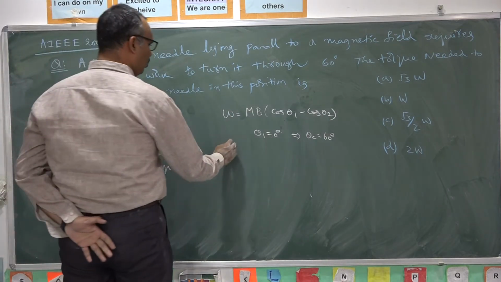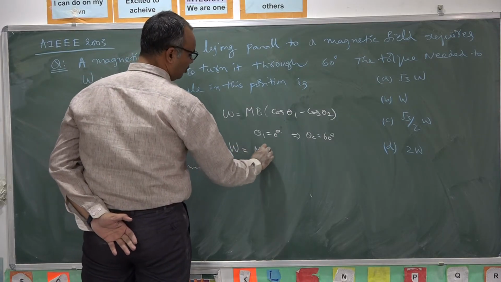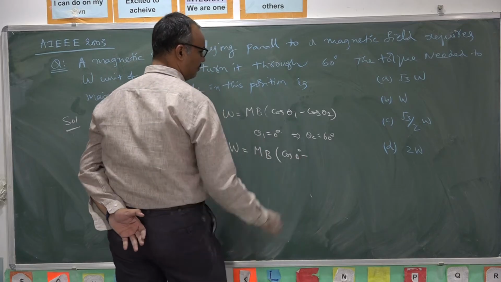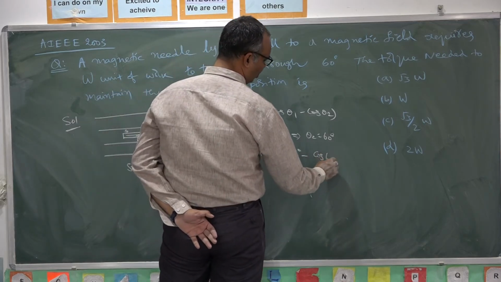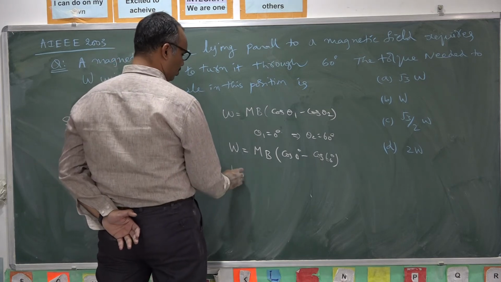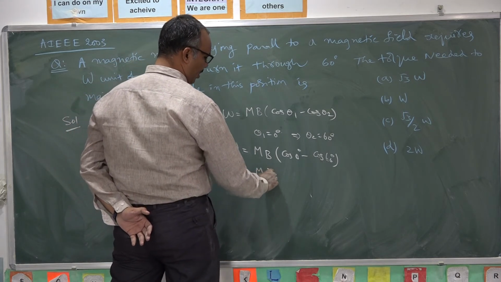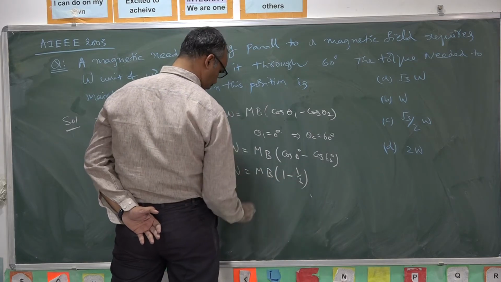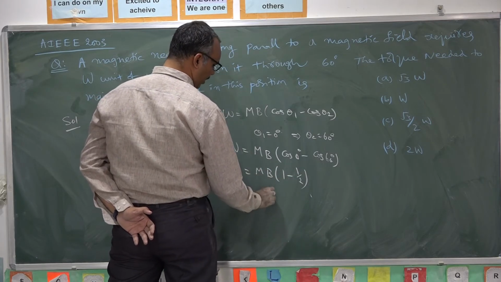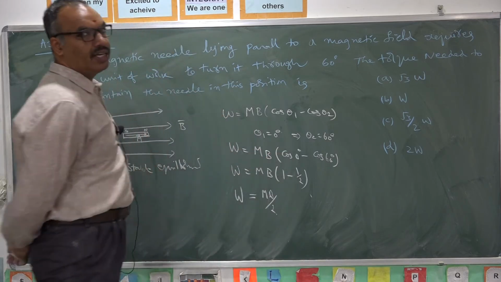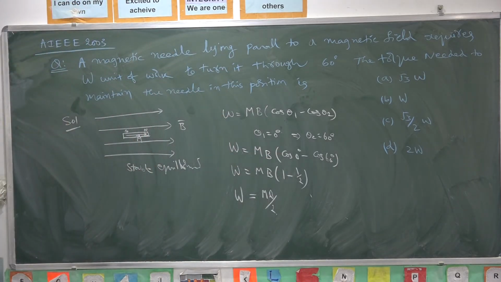So work done is W only, magnetic moment is M, strength of the magnetic field is B, cos 0 degrees minus cos 60 degrees. So W is equal to MB into 1 minus cos 60, 1 by 2. So MB by 2 is the work required to rotate the needle through 60 degrees.